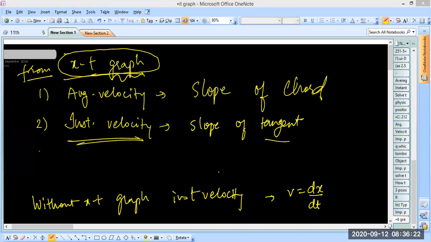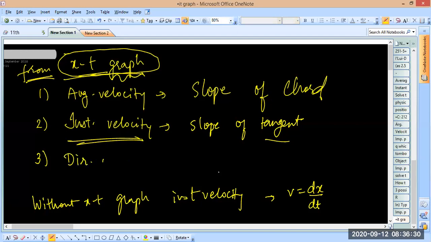Right, number 3 now. Again from xt graph. How do you find direction of acceleration? No. Hey, acceleration is a vector. Yes, Ankita, well done. No, Nandini.